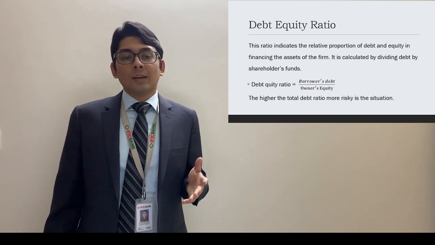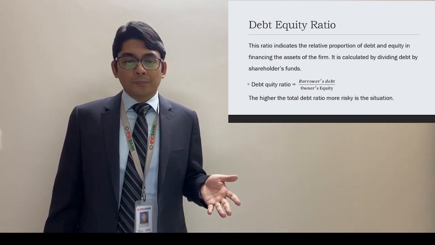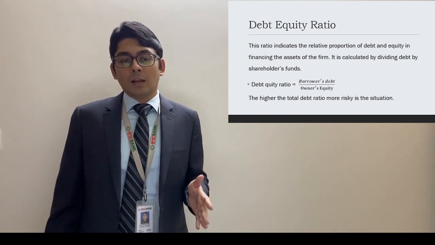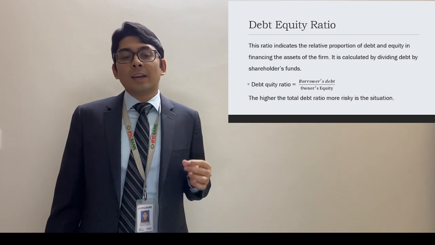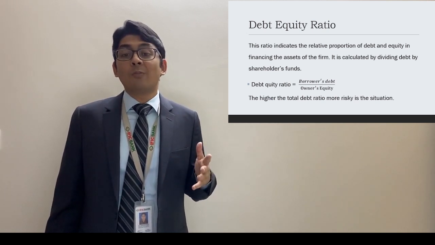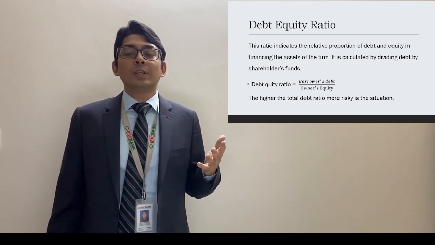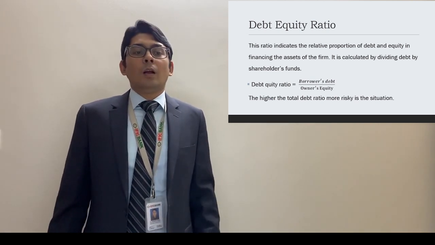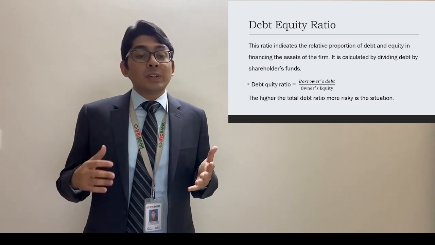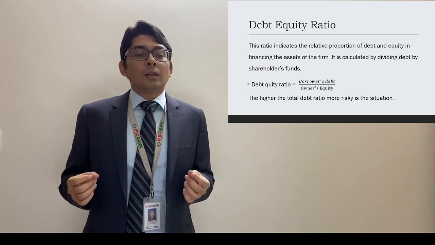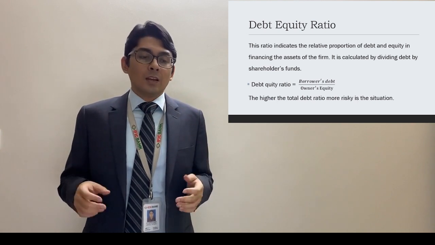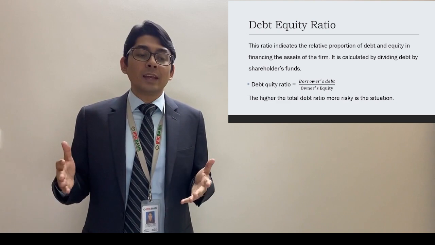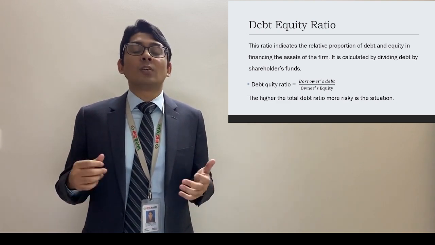Next, we are going to talk about debt equity ratio. It is a very important ratio in financial analysis, and this ratio indicates the relative proportion of debt and equity financing the assets of the firm. What does a debt equity ratio mean?